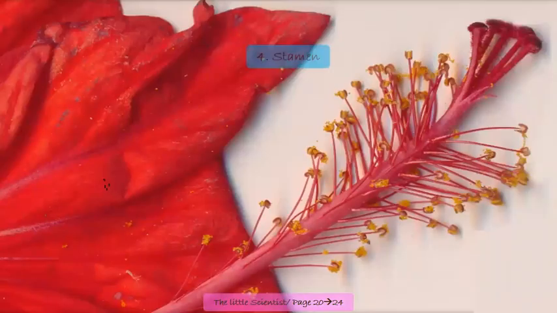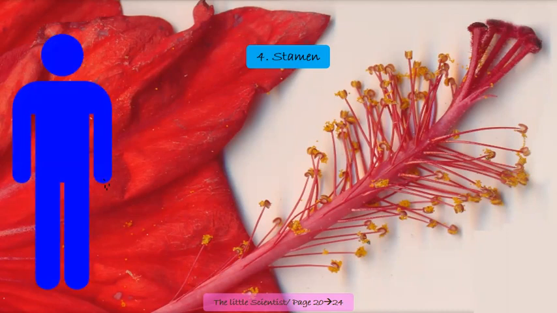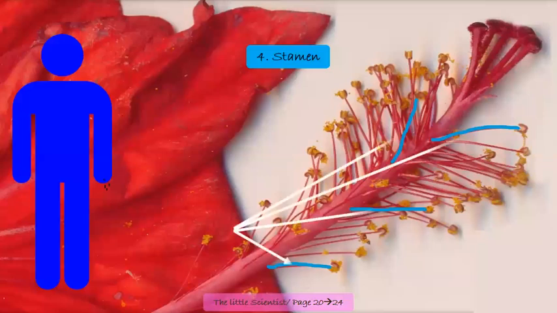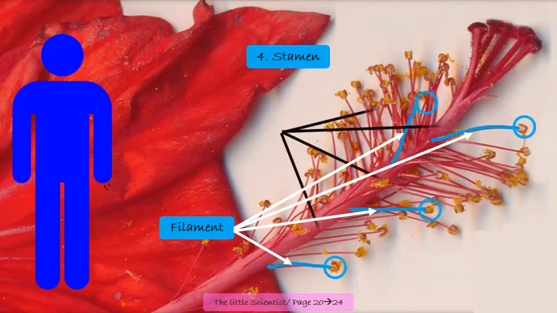Okay, what about the second part of the flower? It's the boy, it's the male part. The male is called stamen. The stamen has 2 parts: the line called a filament and the head, the anther.